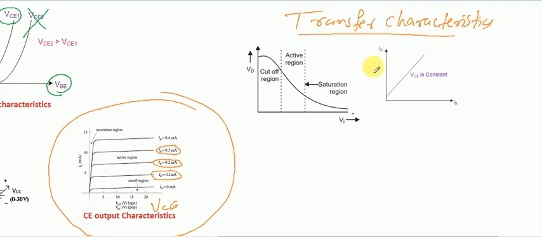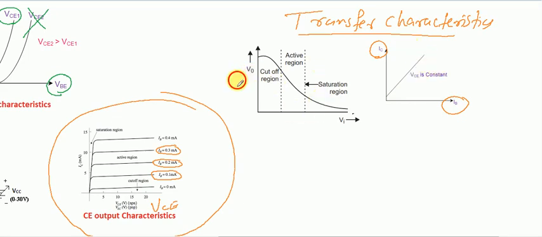Transfer characteristics is the variation of output value with respect to input value, either current or voltage. We can see the variation of output current IC with respect to the input current IB. As IB increases, you can see IC also increases. So this is one transfer characteristic.